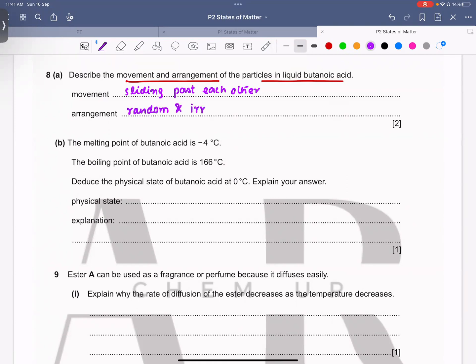Okay. Now, there's an effect on the glass. It can be used as a fragrance.